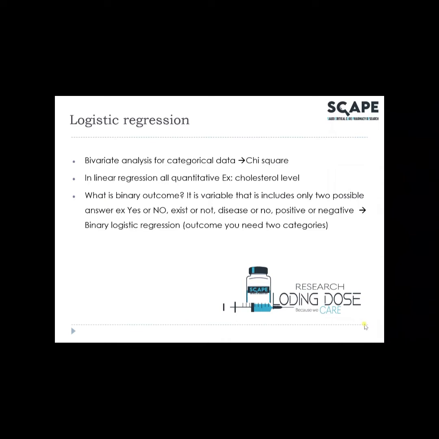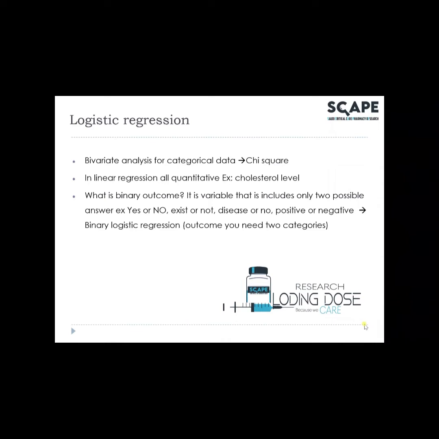And when I say binary outcome, I mean a variable that includes only two possible answers. For example, yes or no, exist or not, disease or no disease, positive or negative. So binary includes two possible considerations in my outcome.